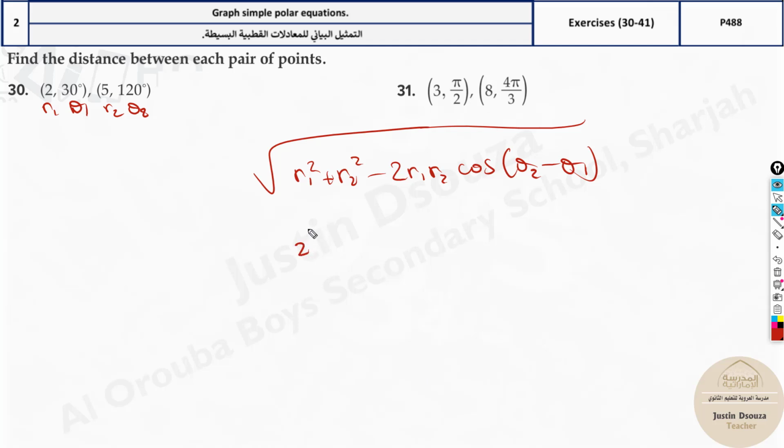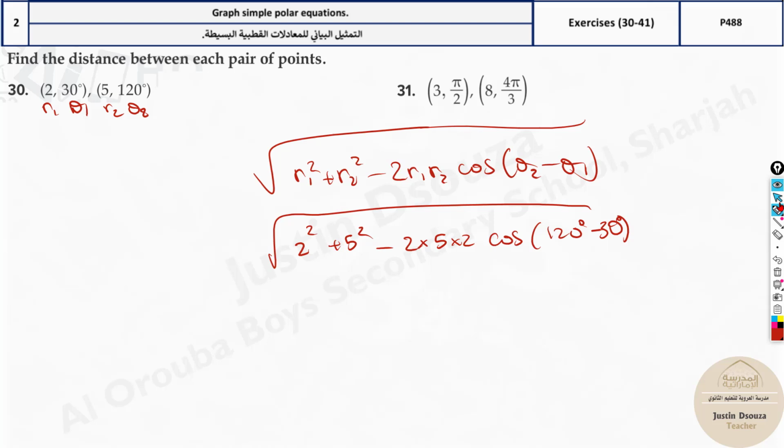Let's substitute. 2 squared plus 5 squared minus 2 times 5 times 2, times cos of 120 degrees minus 30 degrees, and put this inside the square root. Take out your calculators and solve this.